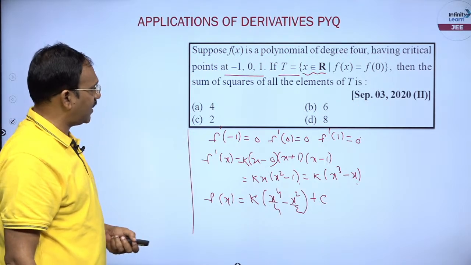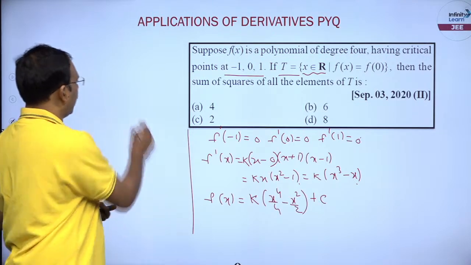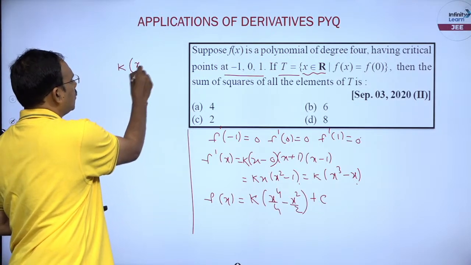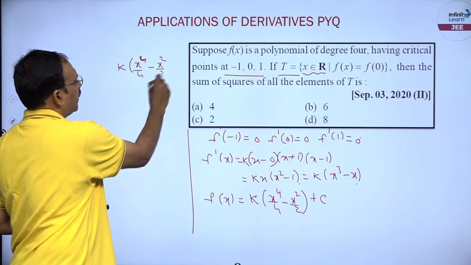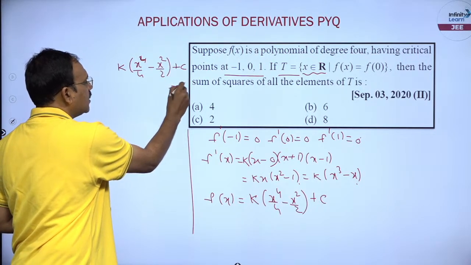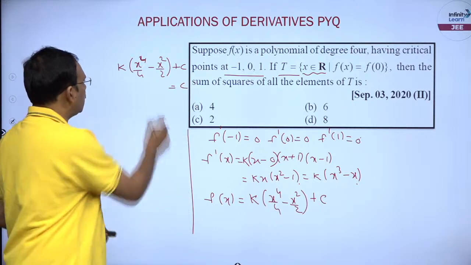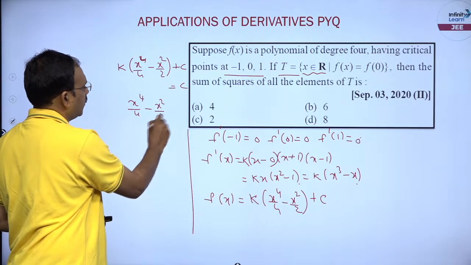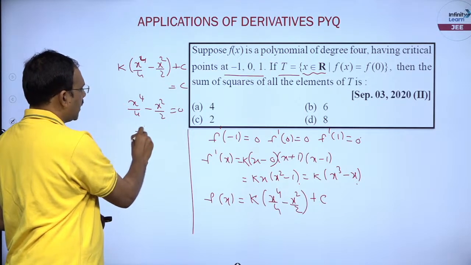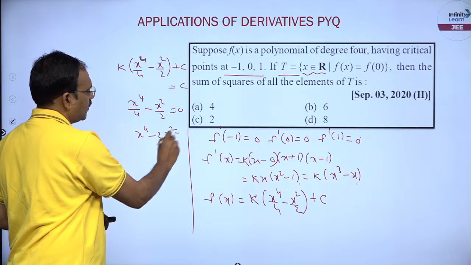What is that equation, friends? F of x is equal to f of 0, that is k into x power 4 by 4 minus x square by 2 plus c is equal to c, which means x power 4 by 4 minus x square by 2 is 0. So, that is x power 4 minus 2x square is 0.